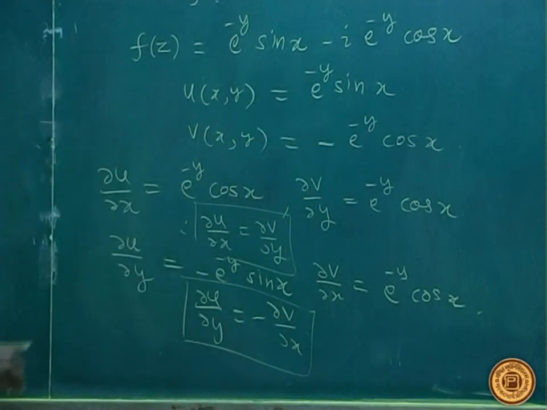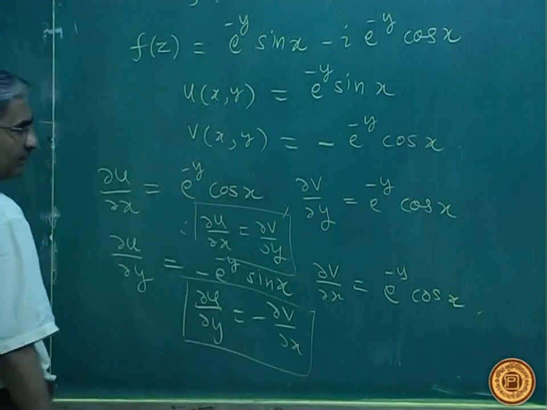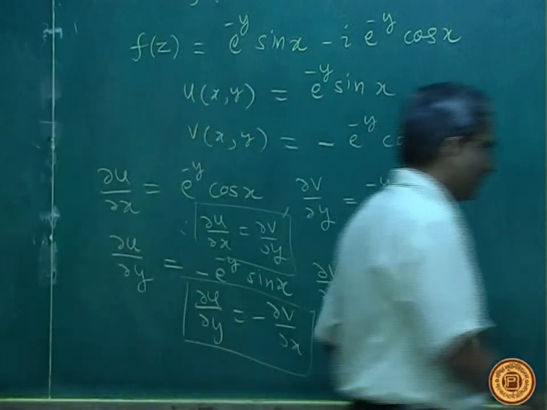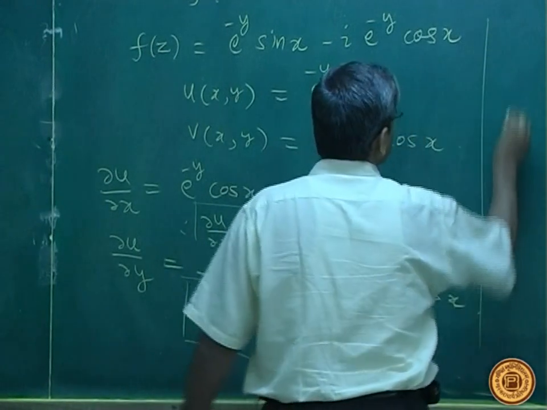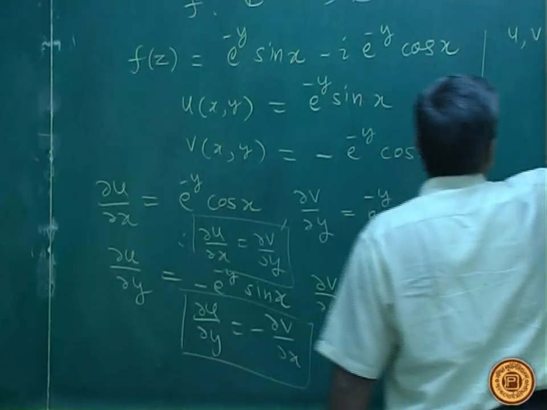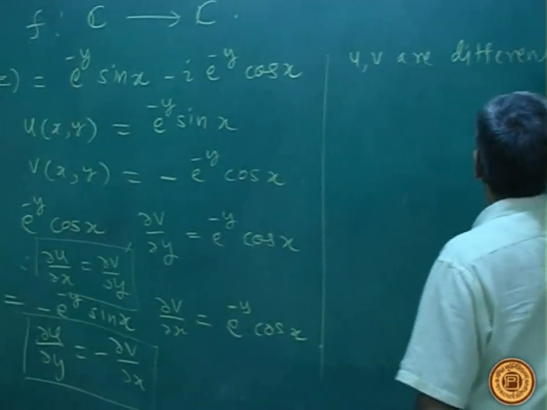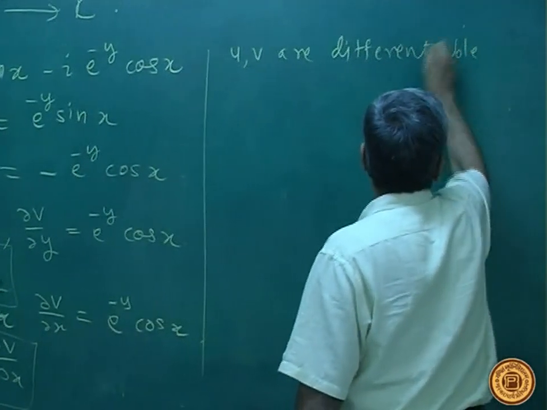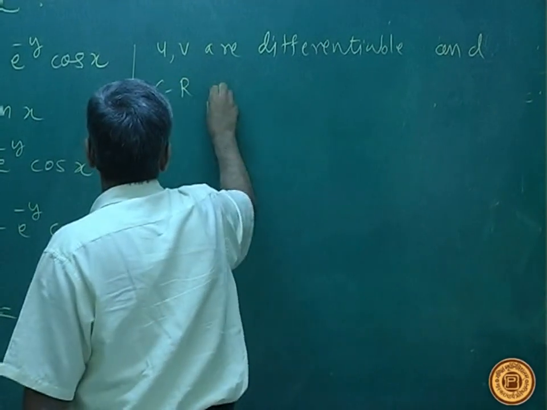In fact, the first order partial derivatives are also continuous. So u, v are differentiable, and the Cauchy-Riemann equations are satisfied.